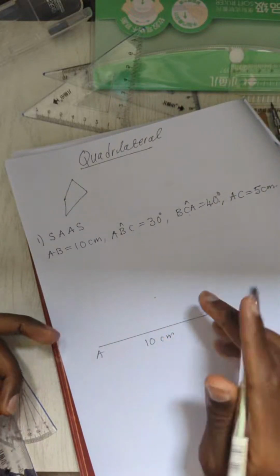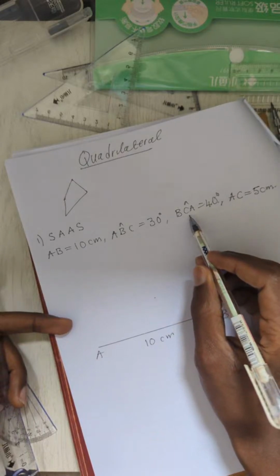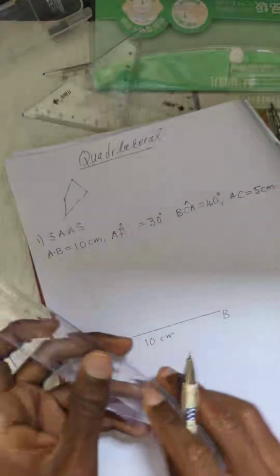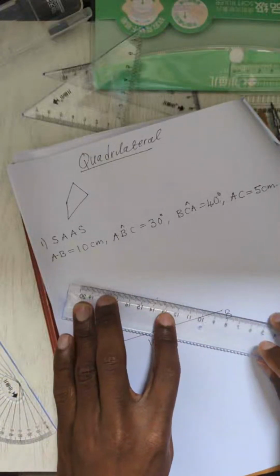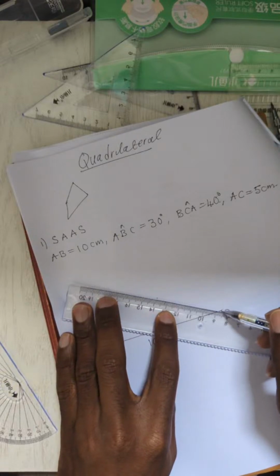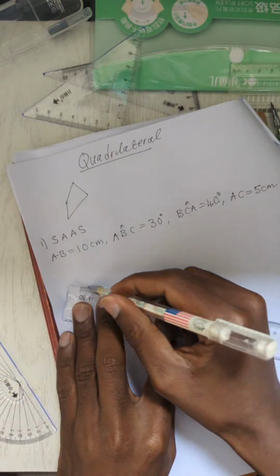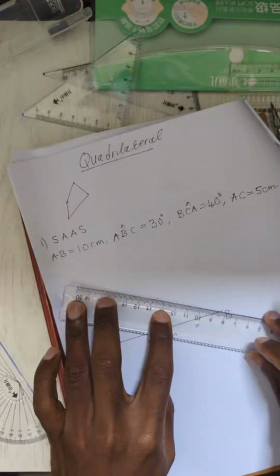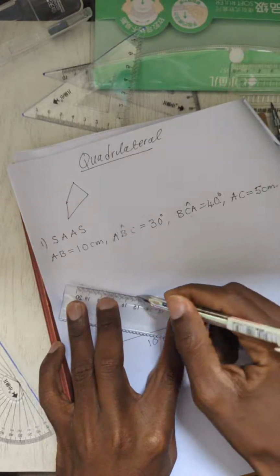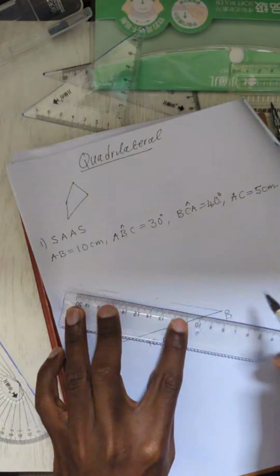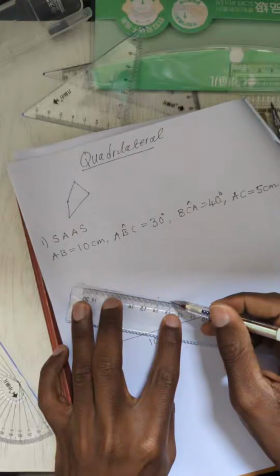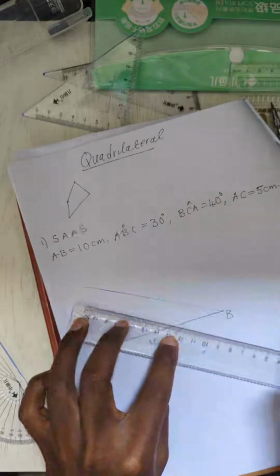Since there is no more information from B to C, we can draw a faint line so that we have an idea that B to C will likely pass here. I'm trying to draw a faint line, but I'm using a pen so that you can see.